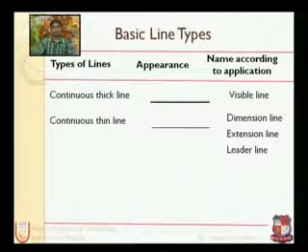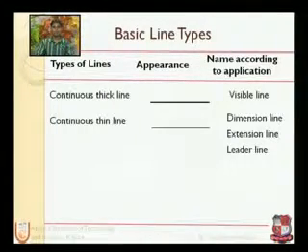Moving on, the basic types of line. The second one is the continuous thin line, and that is the most important line we need to remember, because the continuous thin line has the most applications in general drawings.